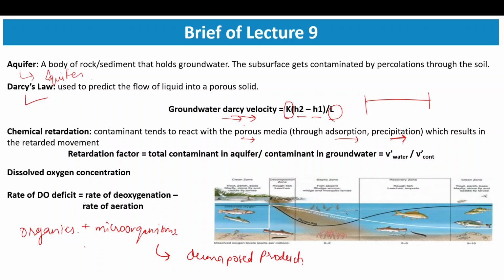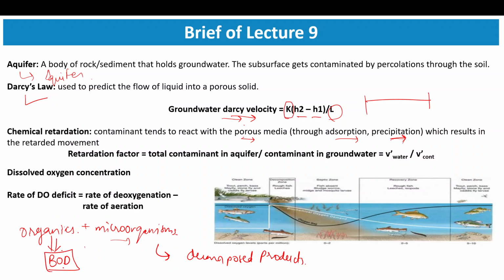This decomposed product can be some complex molecule, or it can be CO2. So it will take up the oxygen, and this organic which can be consumed by microorganisms is known as BOD.